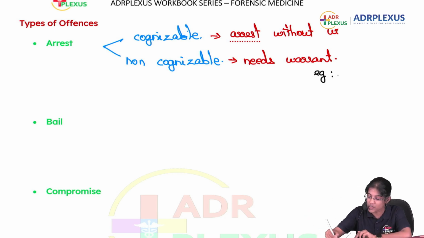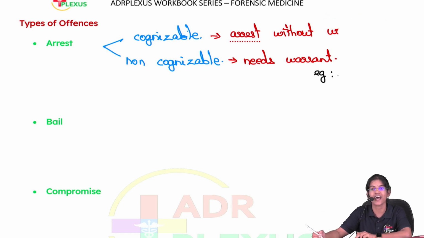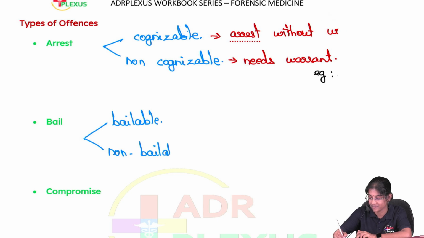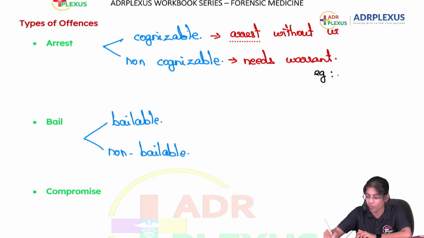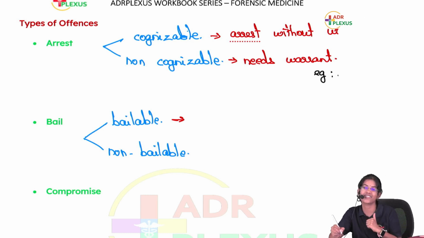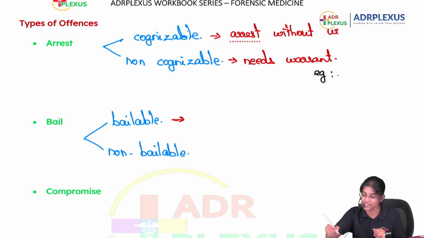Okay. Next, we have bailable and non-bailable offenses. What do we mean by bailable and non-bailable? Can the police at their level itself give bail or not? In case of bailable offences, the police can give the bail.